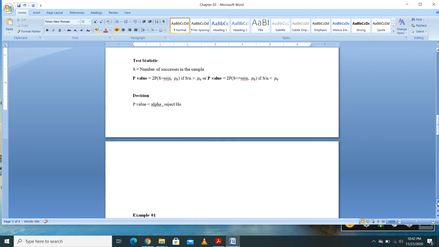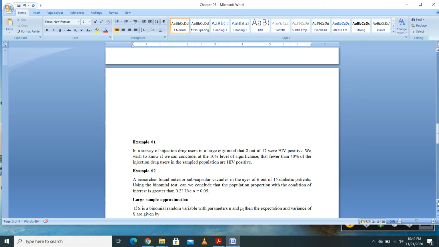So let's just see an example. If you look at this first example, it says a survey of injection drug users in a large city found that 2 out of 12 were HIV positive. So what has happened in a large city?